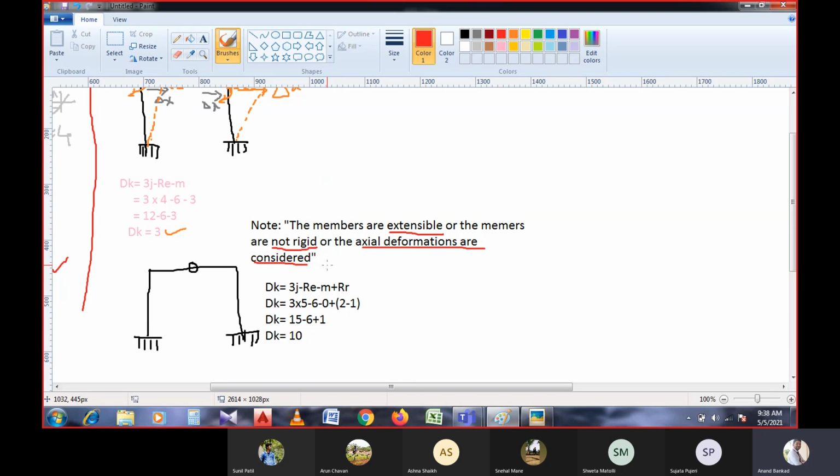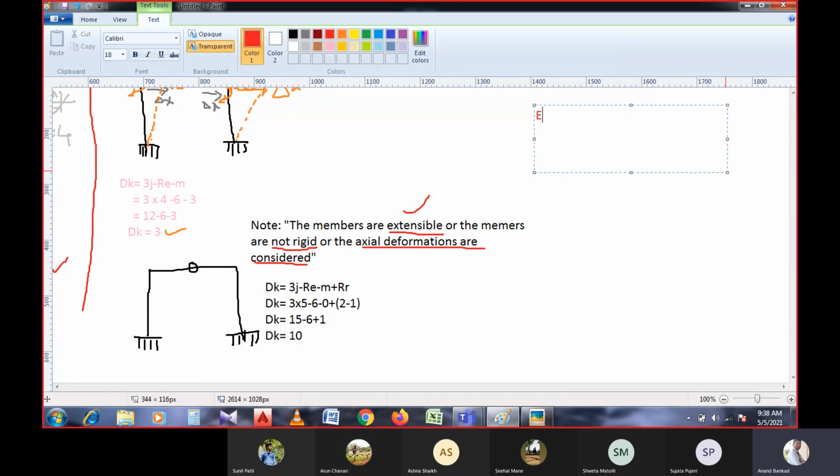Before taking an example, I would like to tell what is extensible and what is inextensible. Just let me write the differences over here. Extensible: not rigid.